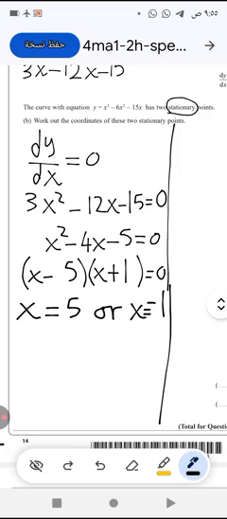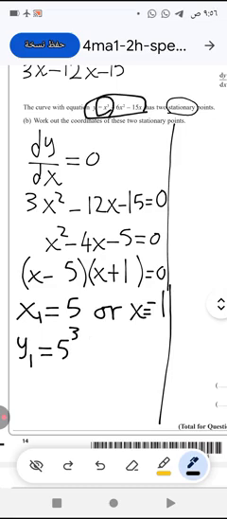Now substitute this value 5 in the original function to find the value of y. Therefore, this is x1, y1 equals x1 cubed, 5 to the power of 3. Okay, replace x and write 5.